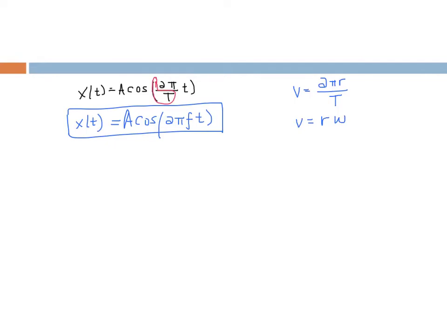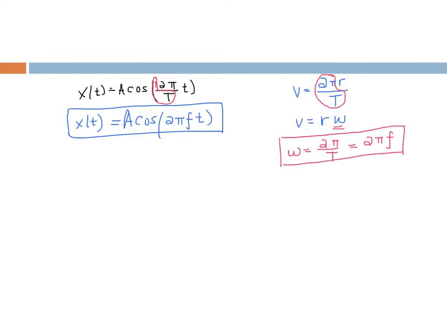Well, if these two equations are equivalent, then that means that 2 pi over T is equal to angular speed. And in this case, we're going to refer to it as angular frequency. So angular frequency is 2 pi over T, and another way to write that is 2 pi frequency. So this is a very important relationship.